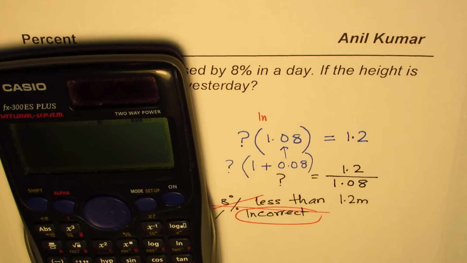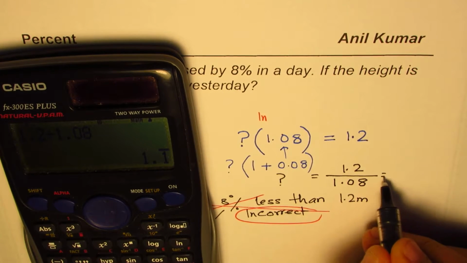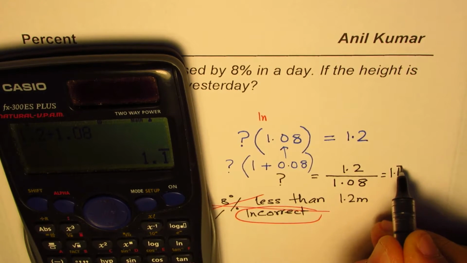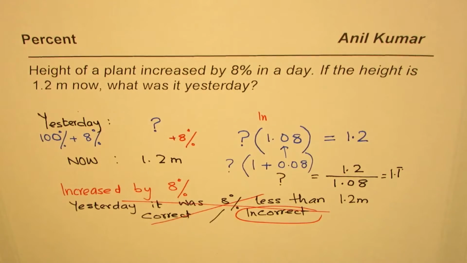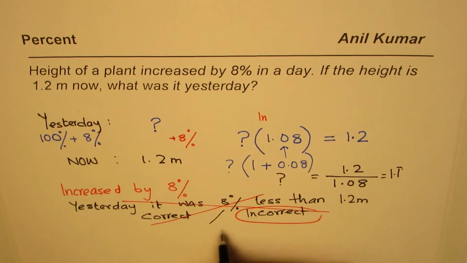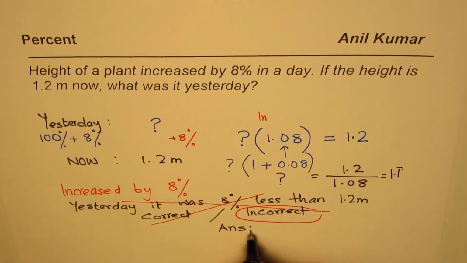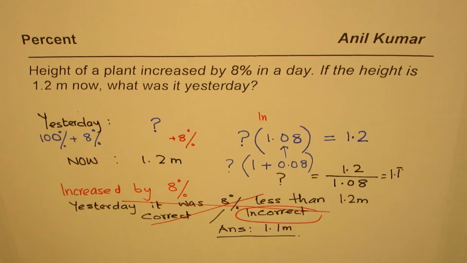So let's do it. 1.2 divided by 1.08 is equal to 10 divided by 9, which is 1.11 recurring, correct? So our answer is yesterday it was 1.1 meters. You get the idea. So that is how we can get our result.